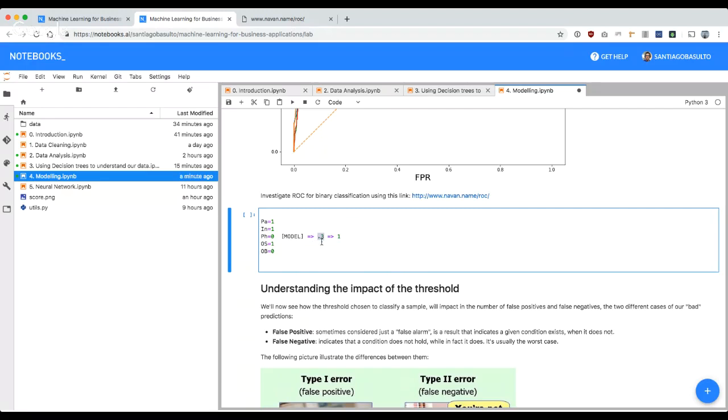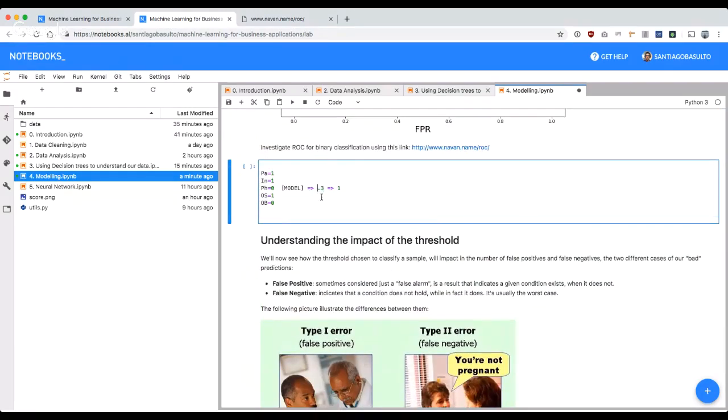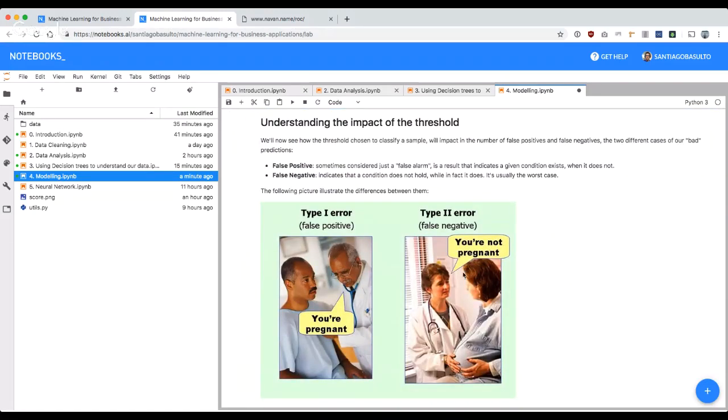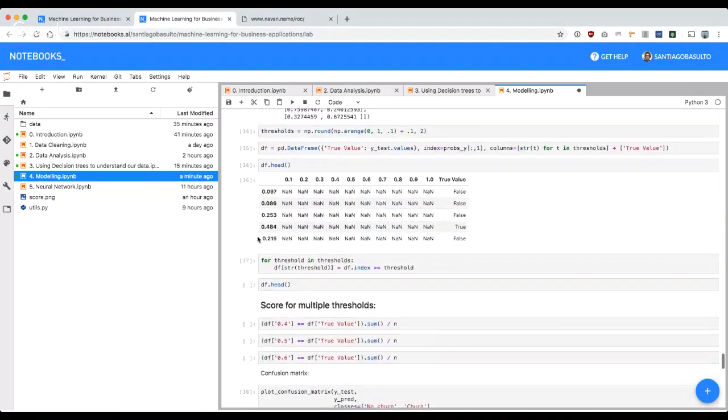Acquisition is very expensive. Once they leave, I cannot get them anymore. I prefer to have a false positive in this case, and for example, send them an offer and avoid losing many false negative cases. So all that I've said is all coded here.